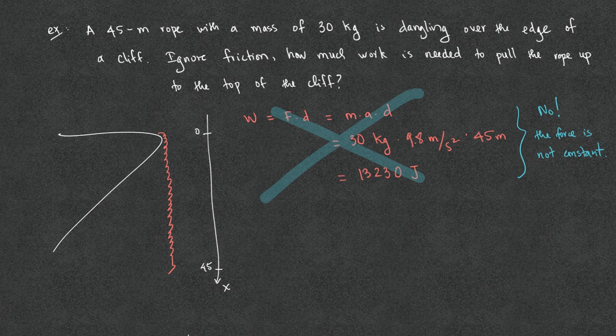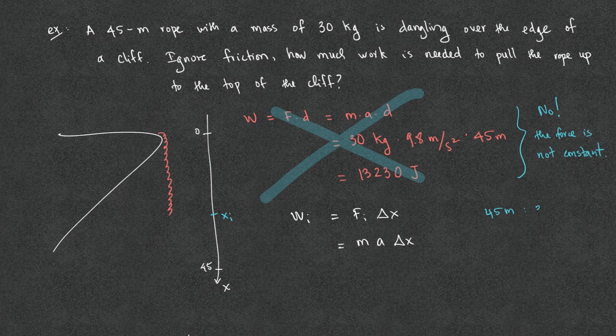If we pull the entire rope up delta x at a time, then we can assume that the force is constant. The remaining part of the rope needed to pull up at any time has the length of xi. The work at that point is the force times delta x, because we move the rope delta x at a time.